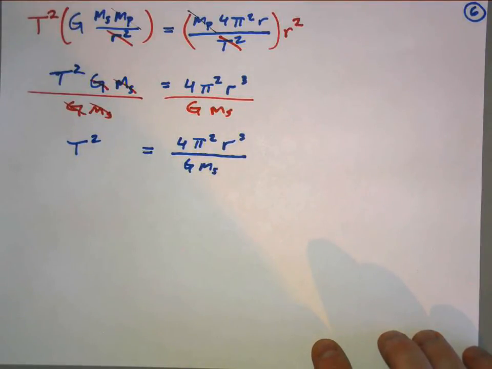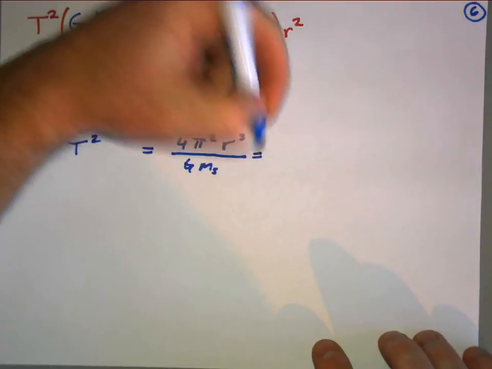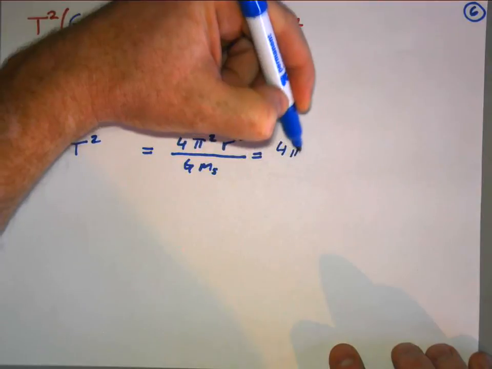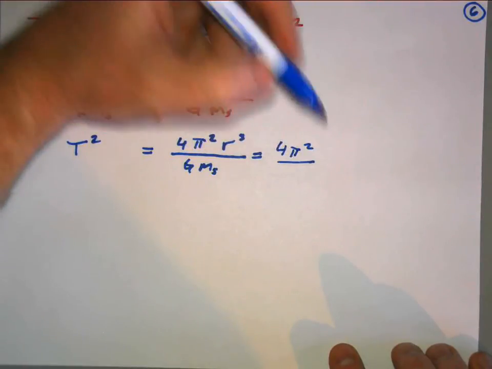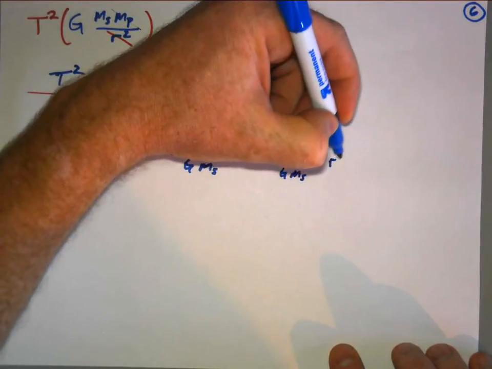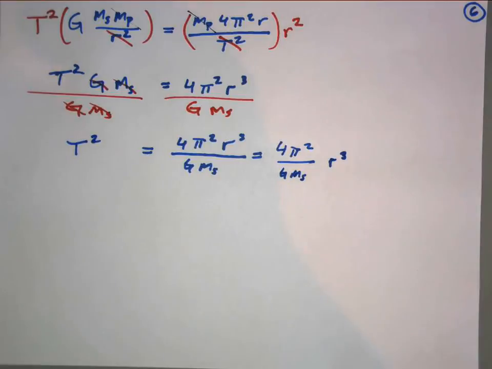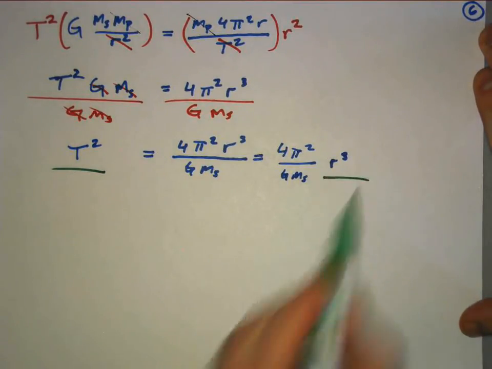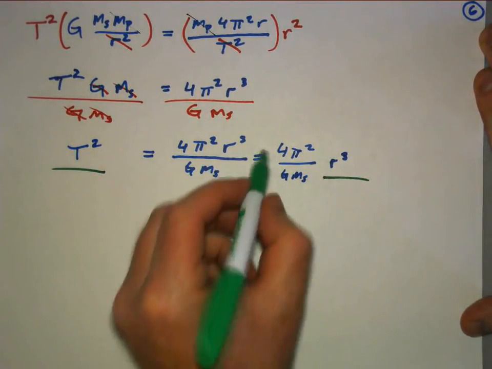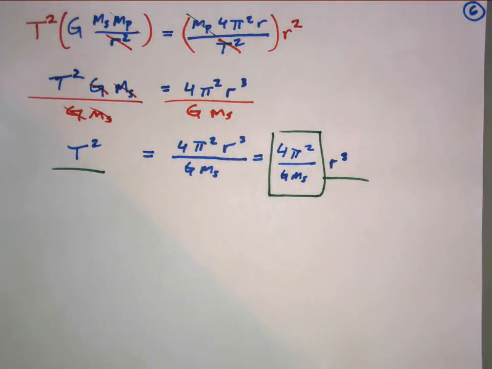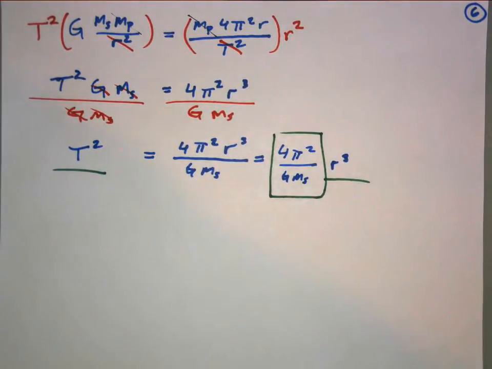And I'm going to do something kind of slick. This isn't math, this is just a different way of looking at this side of the equation. 4 pi squared divided by g mass of the sun. And I'm going to write the r cubed here. And you know why I'm doing that? Check this out. This is really going to bake your noodle. See how I've got period squared there, and I've got r cubed there, and I've got some unknown in between, some multiplier. That should look real familiar.